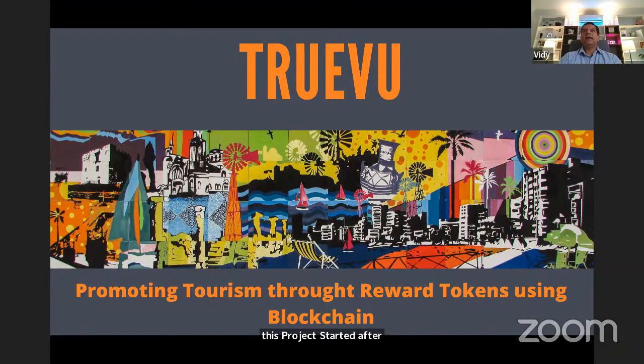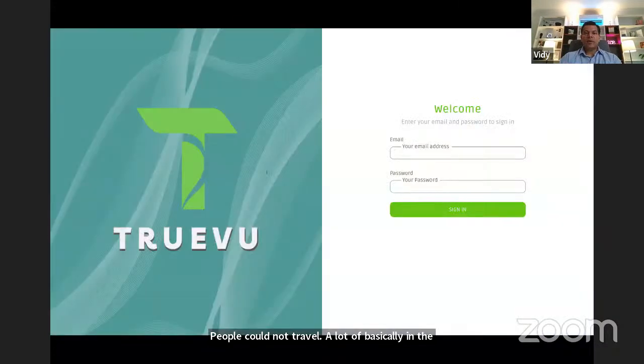So COVID had a major impact on the Australian tourism industry because for 2 years, as you know, all borders were closed. People could not travel. A lot of businesses in the tourism and hospitality sector were suffering badly. So one company came to us, they wanted to build this platform to provide reward tokens to promote tourism.